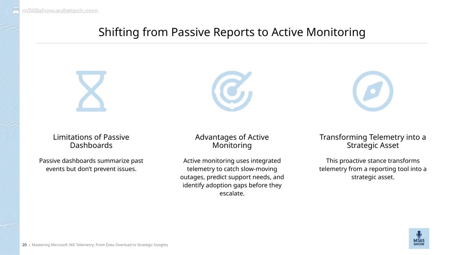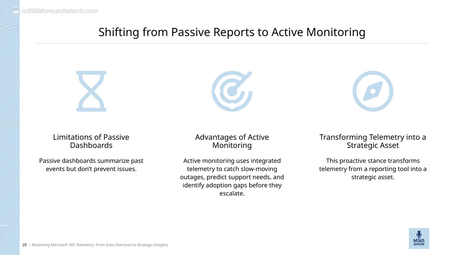Active monitoring is key here. By using integrated telemetry, we can catch slow-moving outages early, which helps us prevent bigger issues down the line. It also allows us to predict support needs before users even experience significant problems and identify gaps in adoption before they escalate into major obstacles.